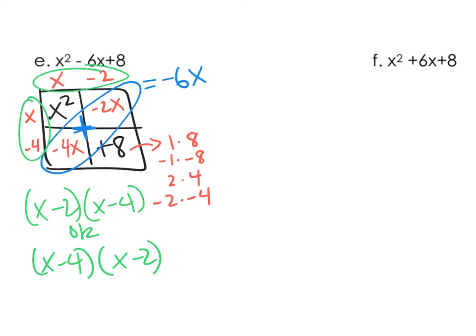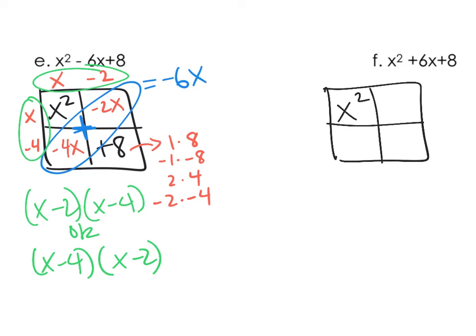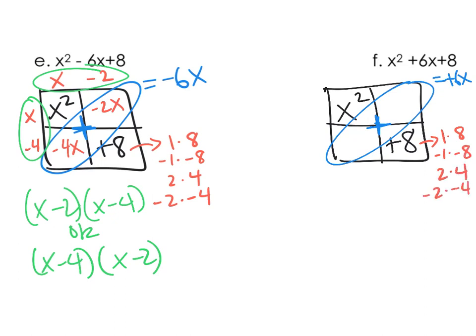Last example in this section, we have an x squared up here with a multiplying to be +8 and our diagonals adding to be a +6x. So our options again for +8 are just like the last one. Nothing's changing except for which one's gonna work, because this time we want to add to be a +6x instead of -6x.